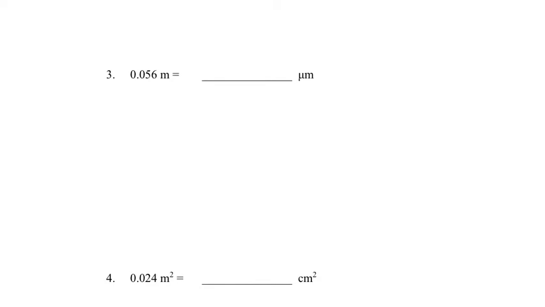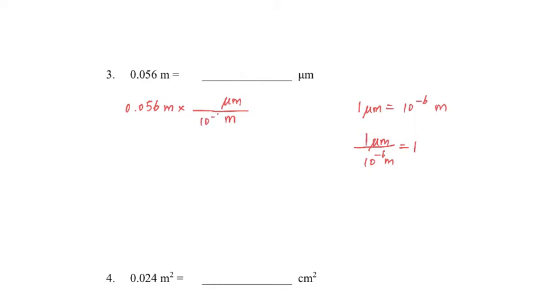Question 3, a bit difficult, and we use the similar method. 0.056 meter, we would like to convert this into μm, so we need to eliminate the unit of meter. Since 1 μm is equal to 10 to the power of minus 6 meter, therefore 1 μm divided by 10 to the power of minus 6 meter is equal to 1.